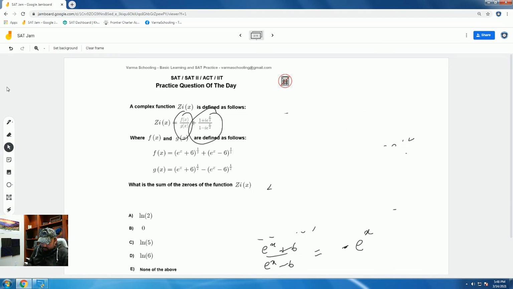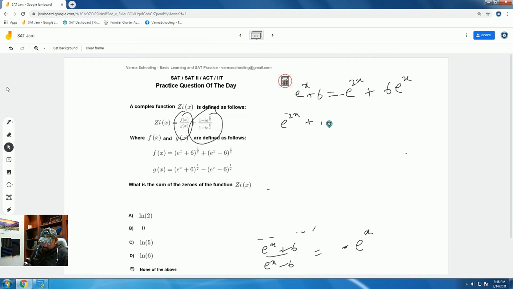So this becomes e to the power x plus 6 equals minus e to the power 2x, minus e to the power x multiplied and plus 6, so this will go here, and this will become minus 5 e to the power x.